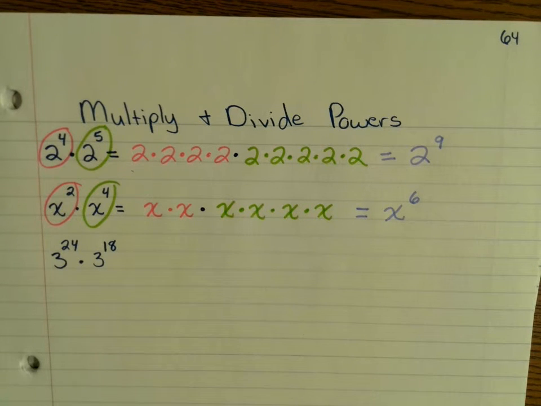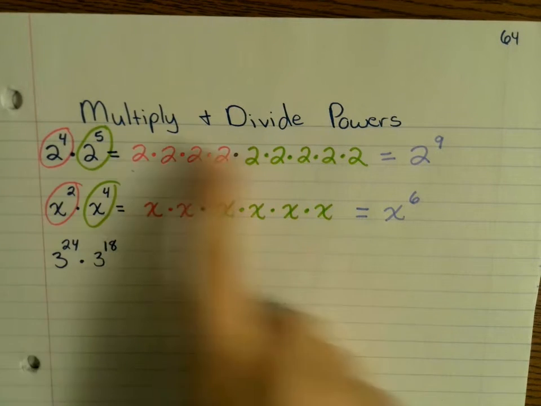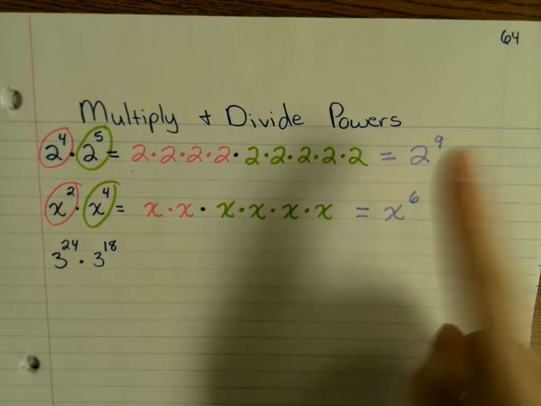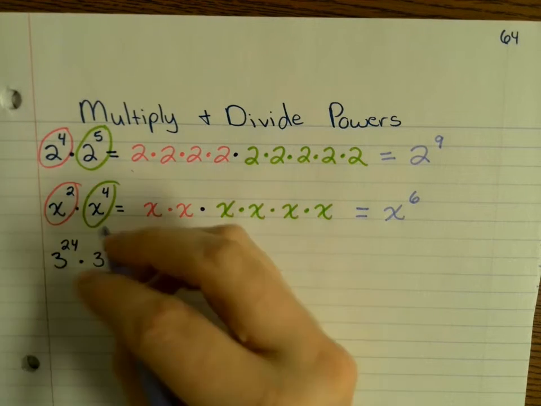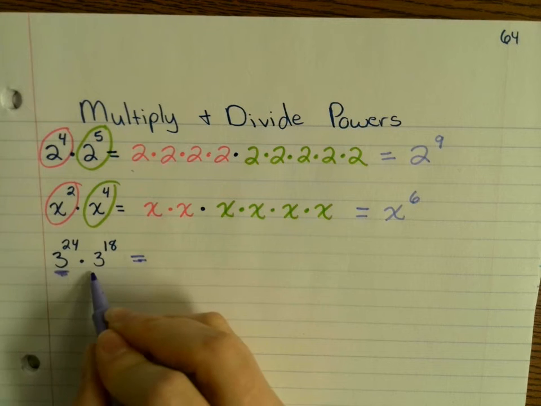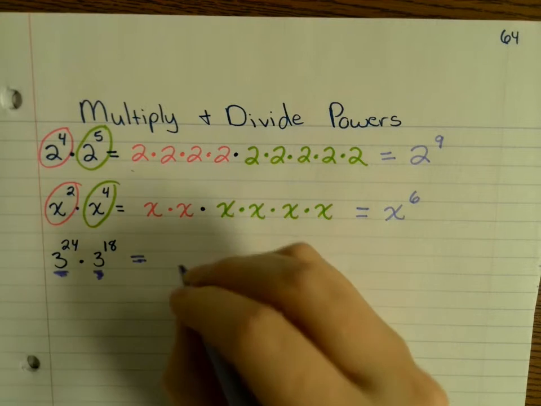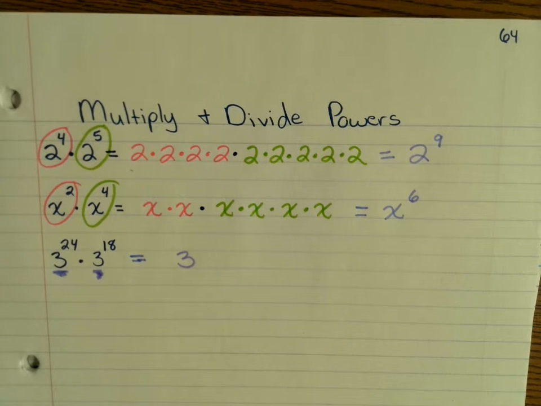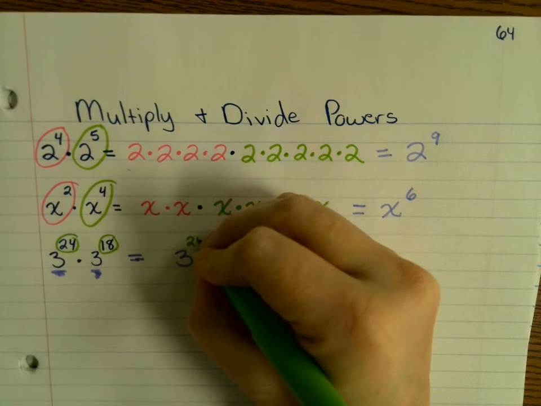So look at the original problem. 2 to the 4th times 2 to the 5th, and then what the answer became, 2 to the 9th. What did we wind up doing? Adding the exponents. That's all we actually did. So in a problem like here, because they have identical bases, they both have a base of 3, I'm going to keep that base, I'm going to keep the 3, and I'm going to take the 2 exponents, that 24 and that 18, and add them together, 24 plus 18.